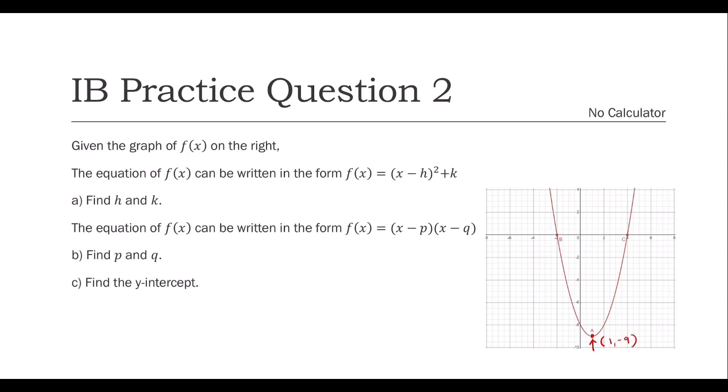So x has been shifted 1 to the right, and then our y values are going down 9. So h equals 1 and k equals -9. And that's just from our vertex.